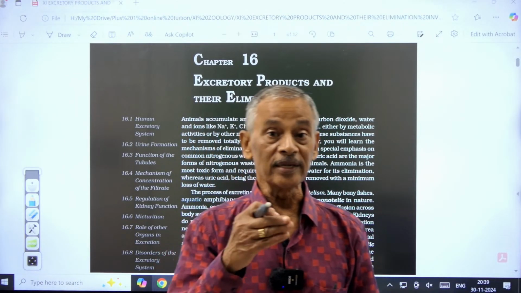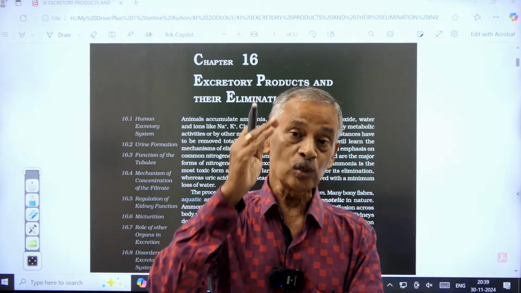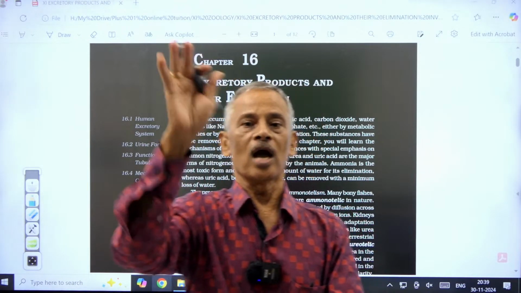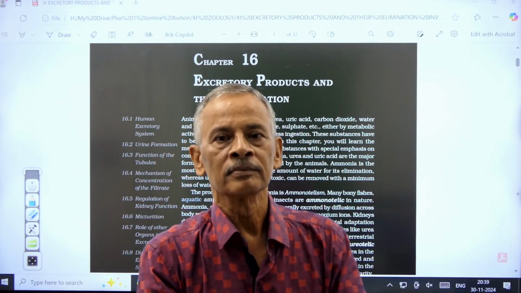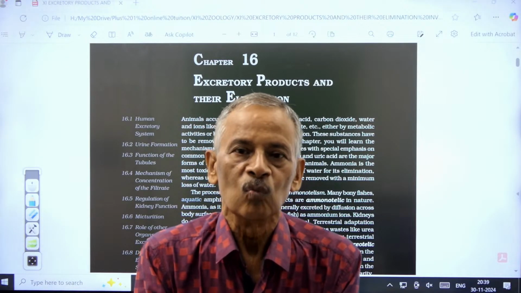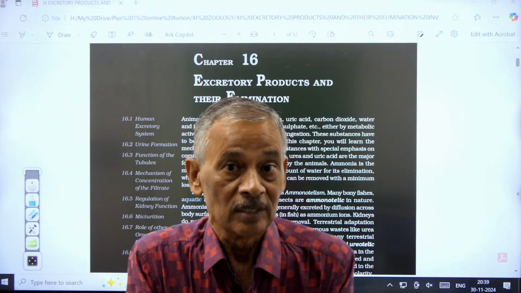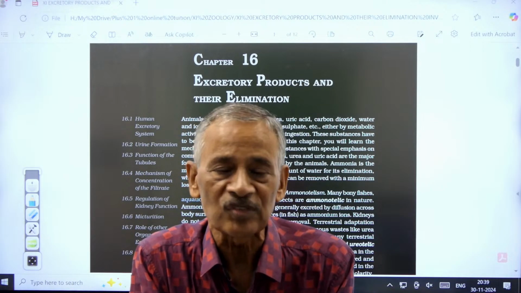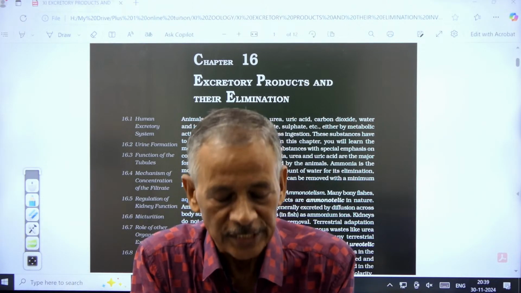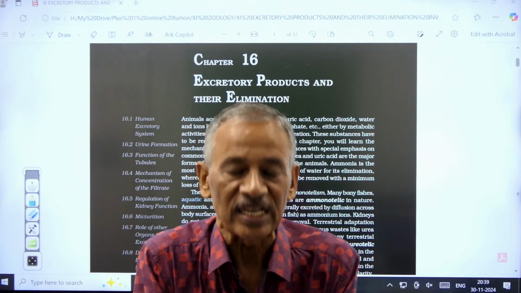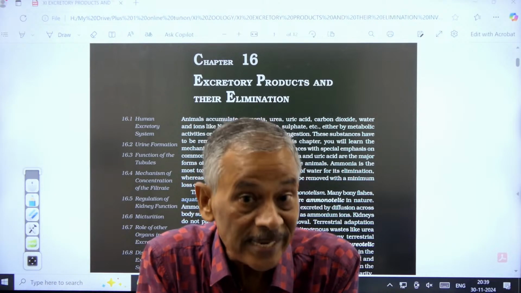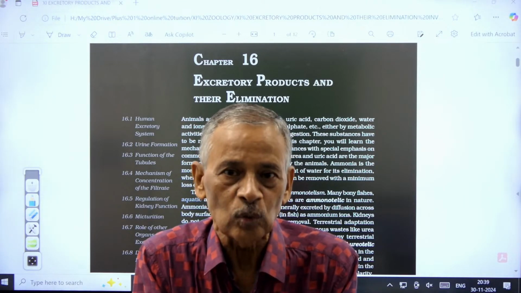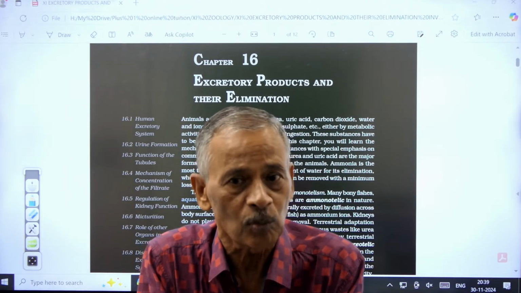So it is by oxidation of nitrogenous nutrients that ammonia is produced. Water is also produced, but it is an essential material. We want water, so it need not be sent out of the body immediately. It need be sent out only if it is in excess in our body. So mainly carbon dioxide, water and nitrogenous waste materials are produced as a result of metabolism.